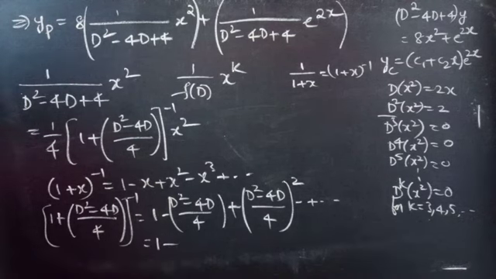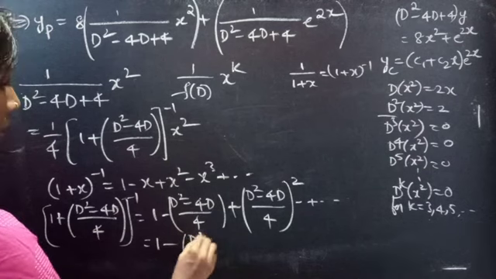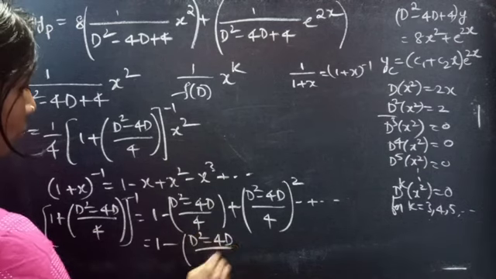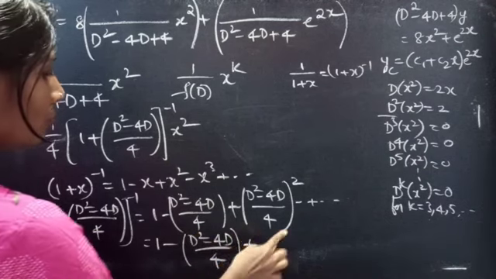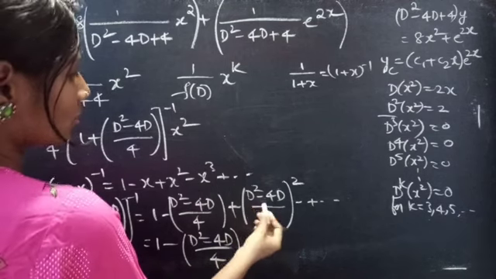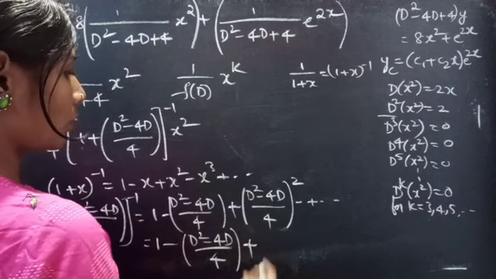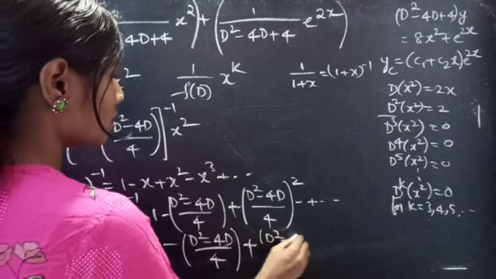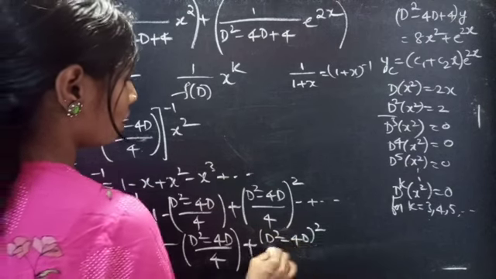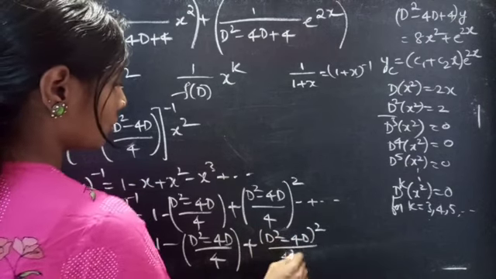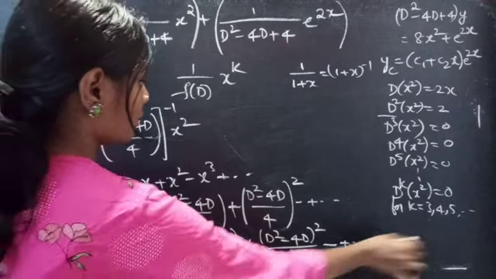We'll get 1 minus (d square minus 4d) by 4 plus, expanding, (d square minus 4d) whole square by 4 square, minus and so on.